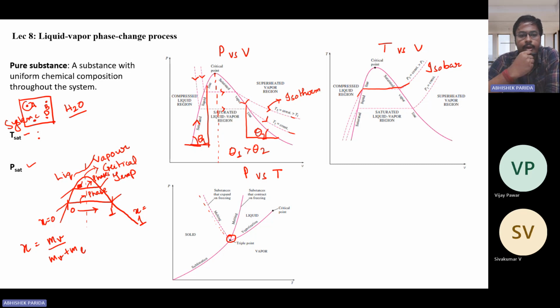That is why ice density is lesser than water, and thus ice floats on water. And this is the melting curve for any substance which contracts on freezing. Many solids, when they get converted into liquid, their density will be increasing.